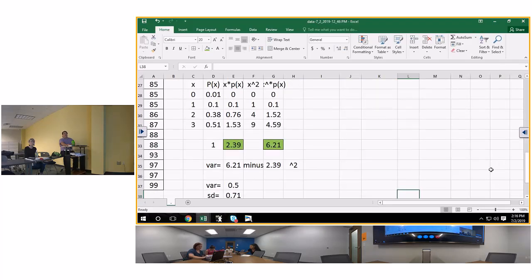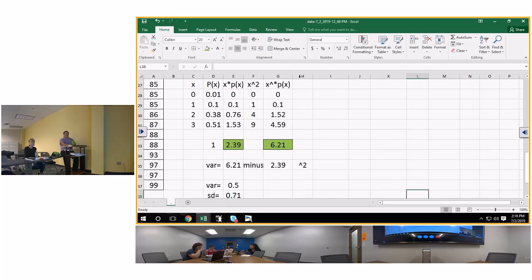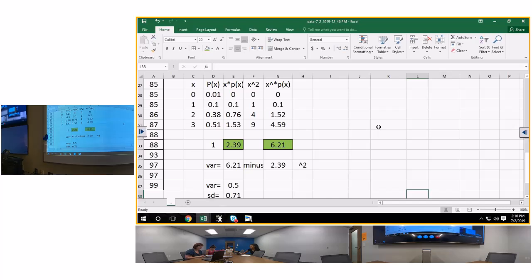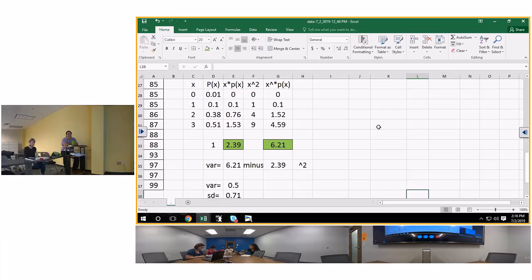There. Okay, does everybody understand how to find the mean and the standard deviation? Well, that is a test question. So far, you need to know how to test a probability distribution. You need to be able to recite the formulas for the mean and the standard deviation, and you should be able to find the mean and the standard deviation of a binomial distribution or a probability distribution.